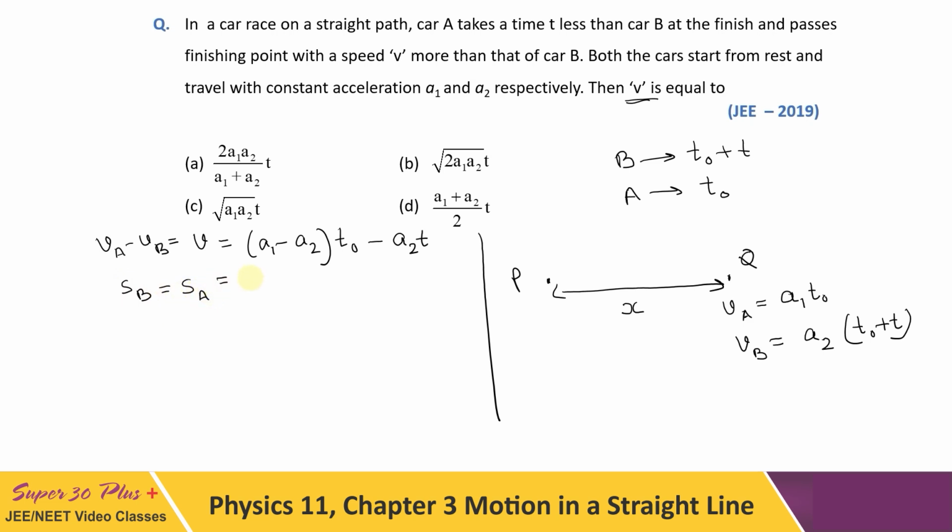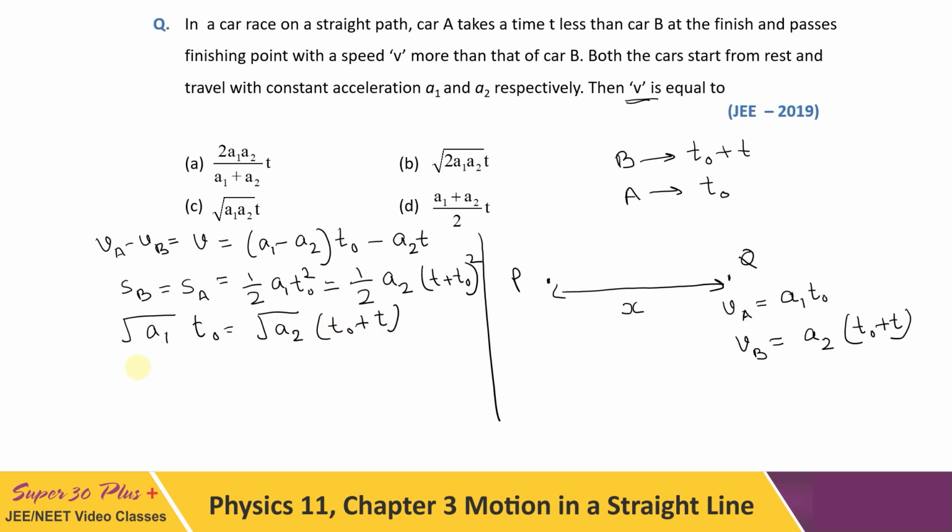That will be half a1 t0 square, and it has to be equal to, for car B also, which is travelling the same distance, a2 (t plus t0) square. So if we equate these two terms, we will get root under a1 t0 is equal to root under a2 (t0 plus t).